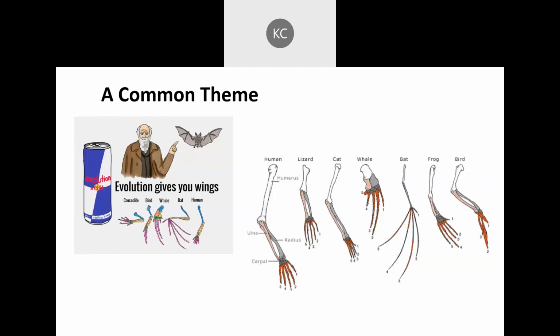We see this in birds as well. And this pattern is one bone, two bones, many bones, and then digits. So whether we're looking at a human, a lizard, cat, whale, bat, frog, or bird, we see the same basic pattern. Now it's slightly arranged in different ways, but we can see the same pattern throughout.